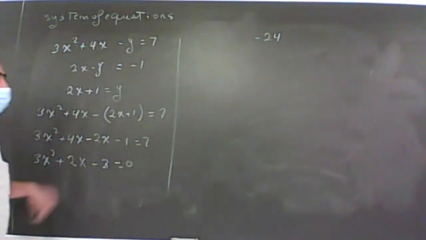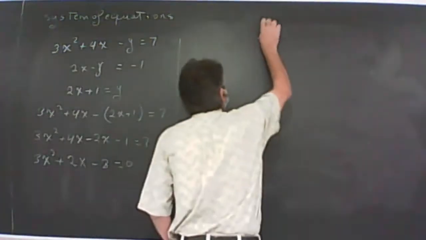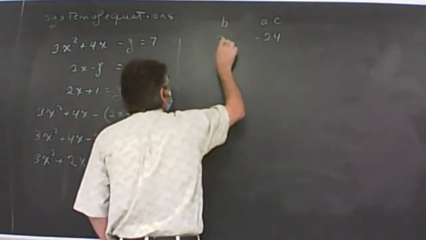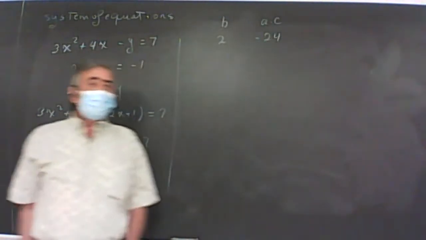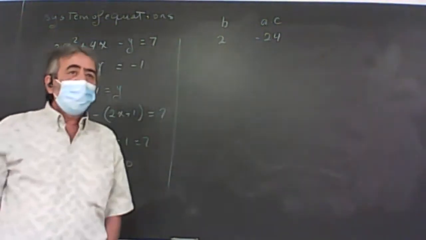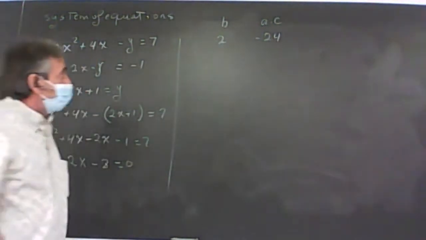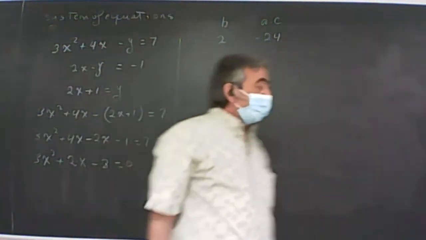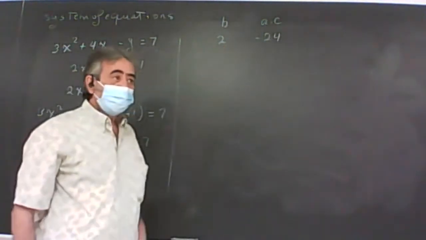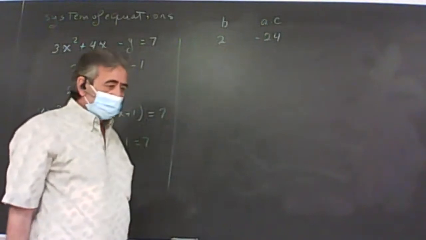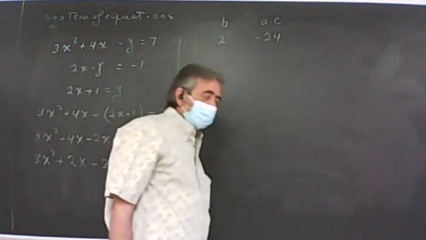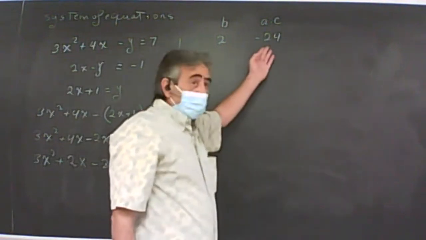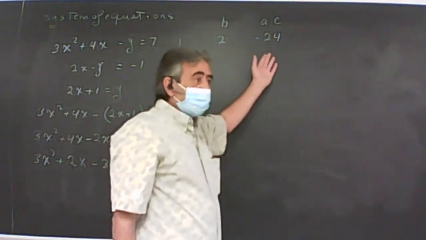And then B is 2, so let me write it down over here: AC, and B is 2. Now we need to look for two numbers. When we multiply them, we get negative 24, and when we add them, we get 2. Okay? So let's take a look at those numbers. Worst case scenario, list all the numbers that multiply to give 24 first.